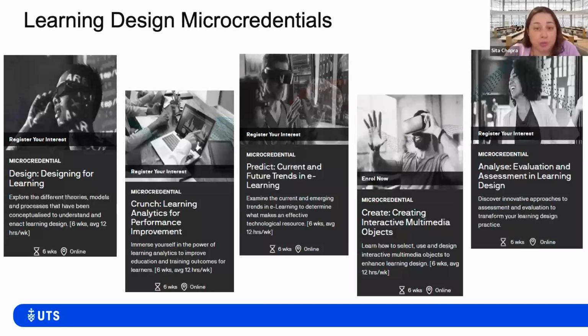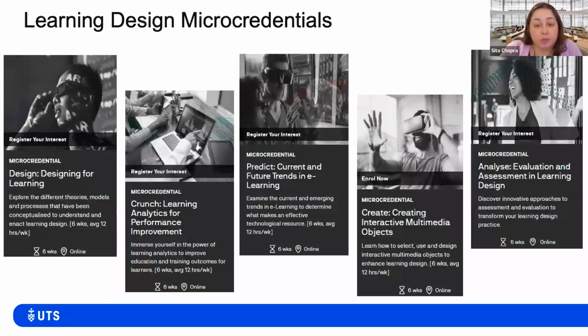We've also had people that have taken a number of micro-credentials before they come into the graduate certificate. Alternatively, you might just want to take the micro-credential in and of itself because you want to gain some experience in the specific skill area that the micro-credential relates to.